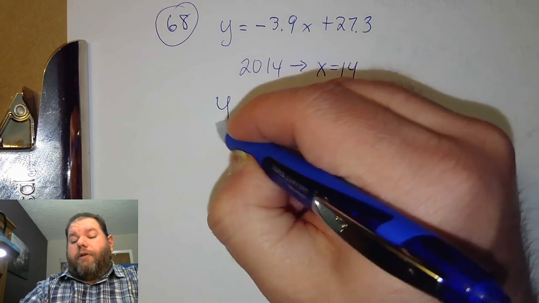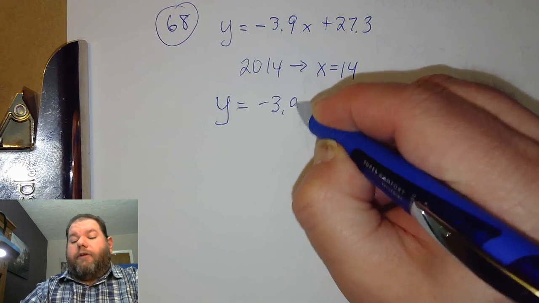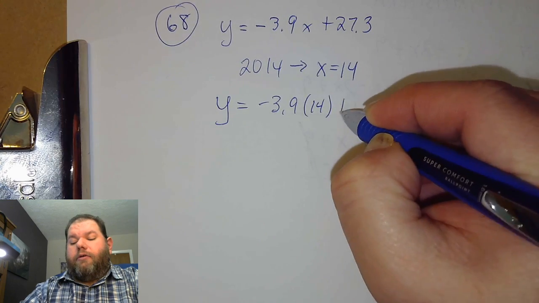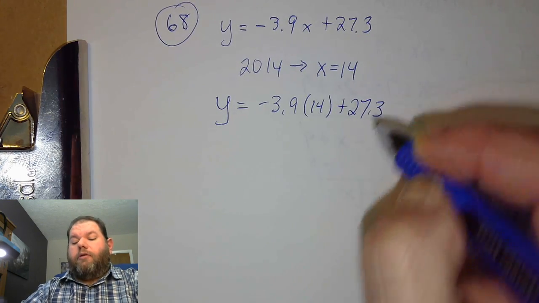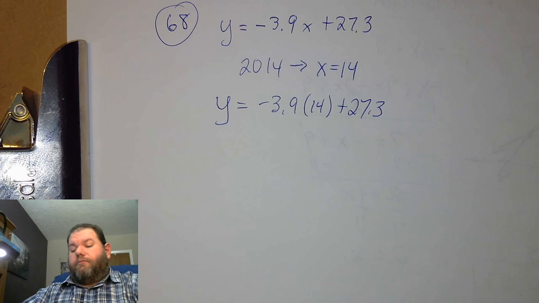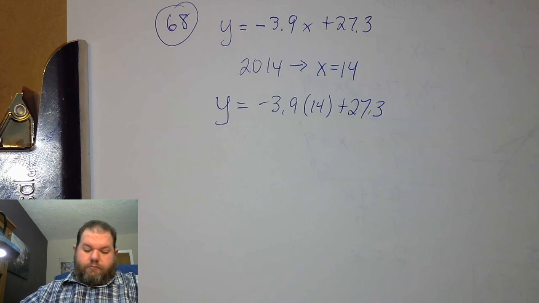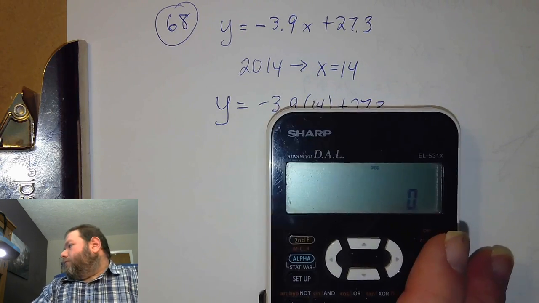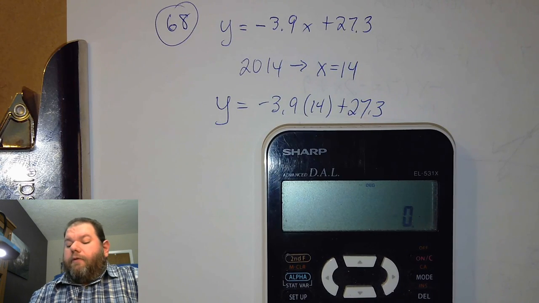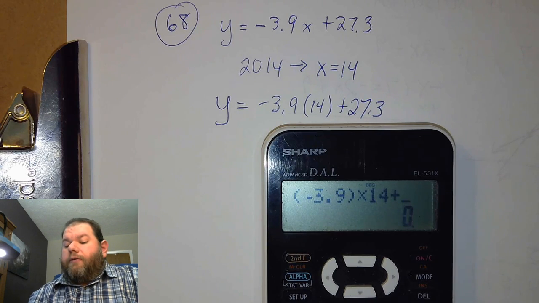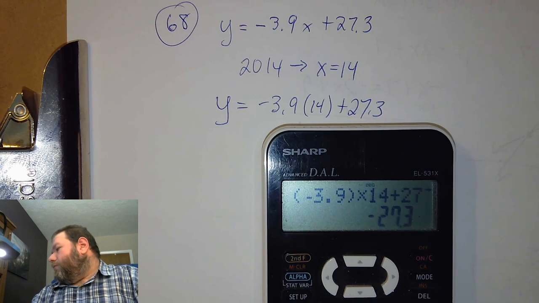So all we have to do now is plug in x equals 14. So we'll take negative 3.9 times 14 plus 27.3, negative 27.3.